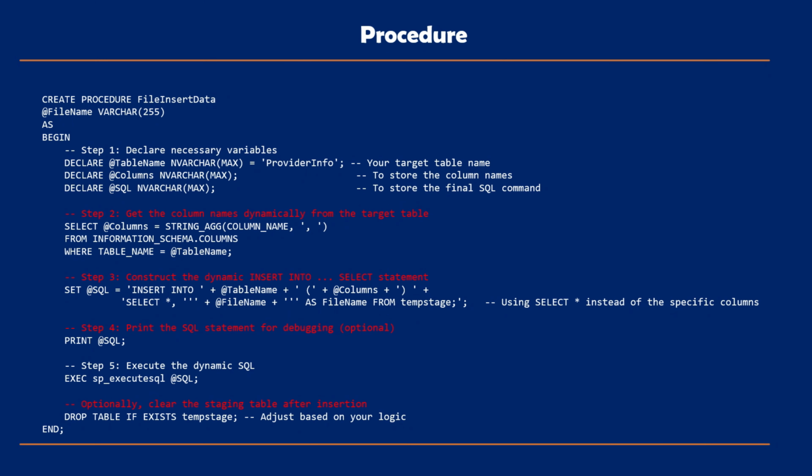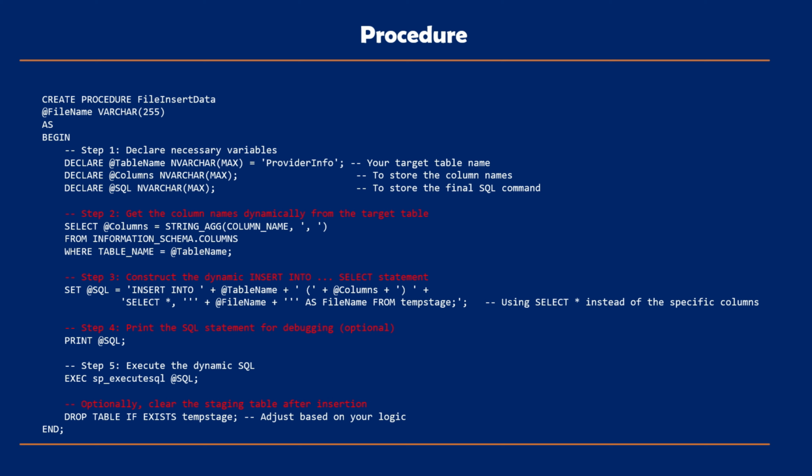This is how the procedure looks. This procedure is designed to dynamically insert data from a temporary staging table into a specific target table called provider info. It accepts one input parameter, file name. This parameter represents the name of the file from which data is being inserted, and we need three variables.